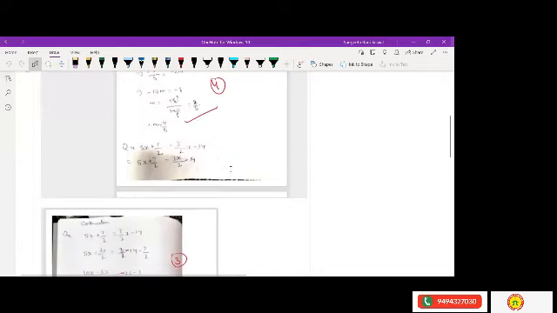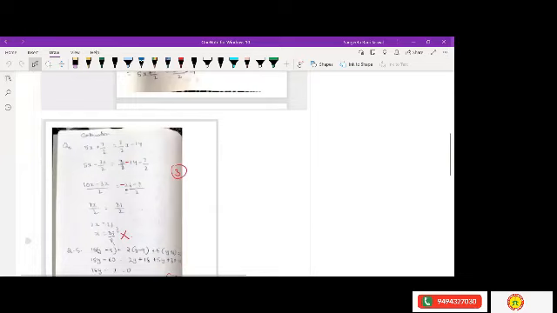In the fourth question there is a small mistake of a minus sign here and it carried on till the end. After you made a mistake here, then it went wrong. But still your method was correct, so I've given you half marks for that. Out of 6, I've given you 3.